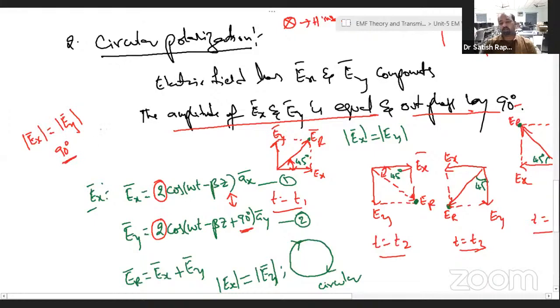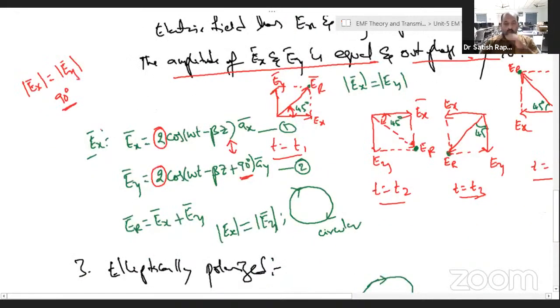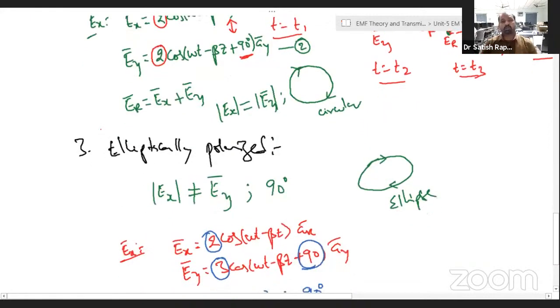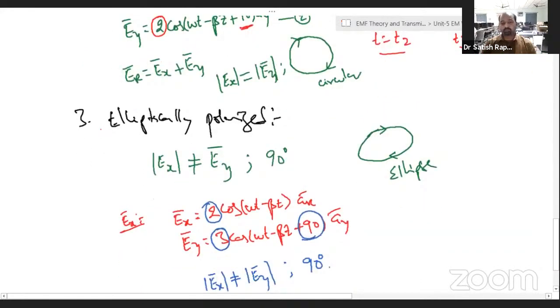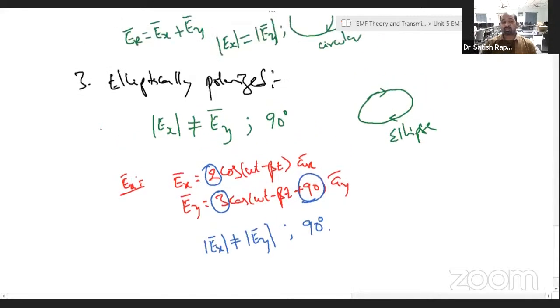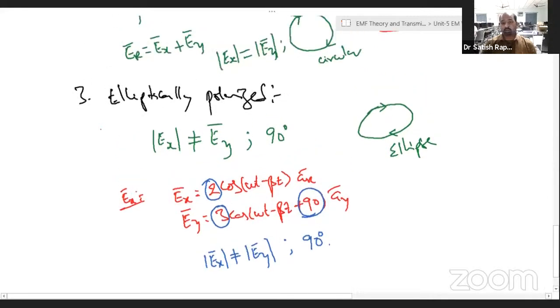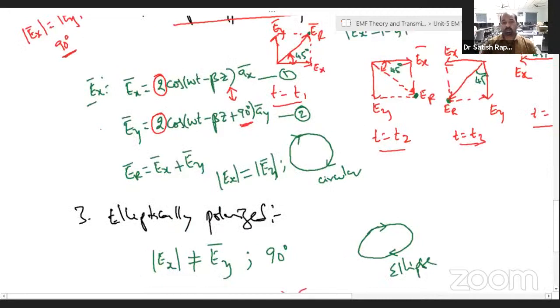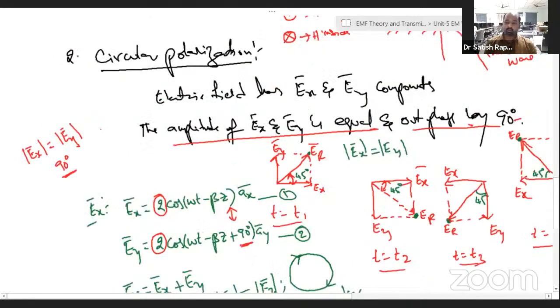This is called circular polarization. In an elliptically polarized wave, the amplitudes are different. That is the only difference between circular and elliptical polarization. In circular polarization, amplitudes are equal, whereas in elliptical polarization the amplitudes are unequal, but they are out of phase by 90 degrees.